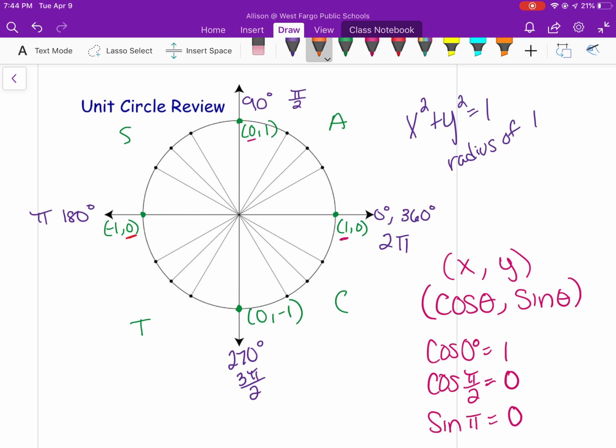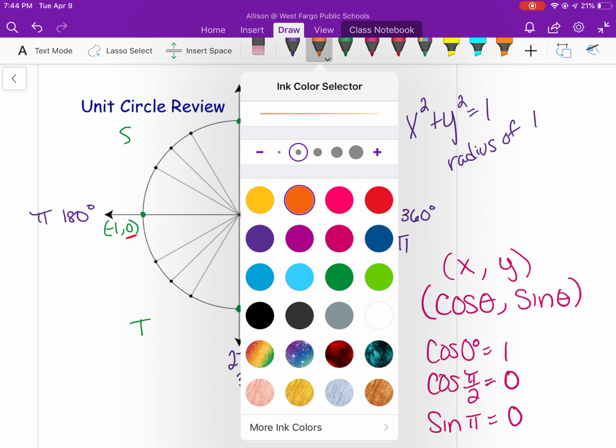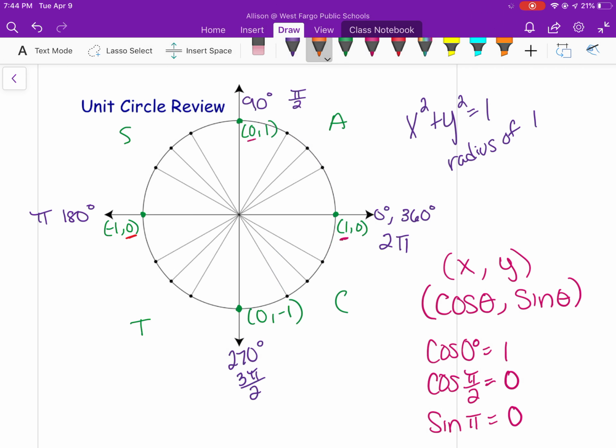And you could continue to fill this unit circle out. The first line right here is at 30 degrees. The xy ordered pair for that point, if you drop the line down and look at the special right triangle, the 30, 60, 90, gives you the values 1, square root of 3, 2.